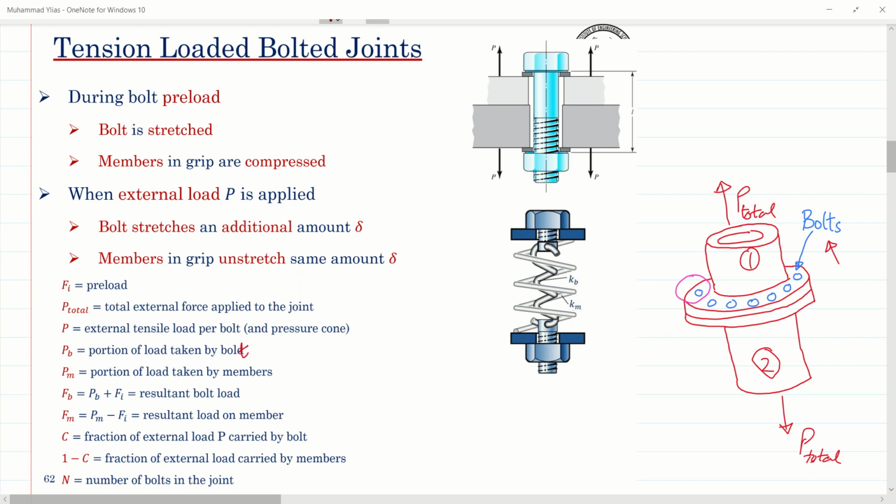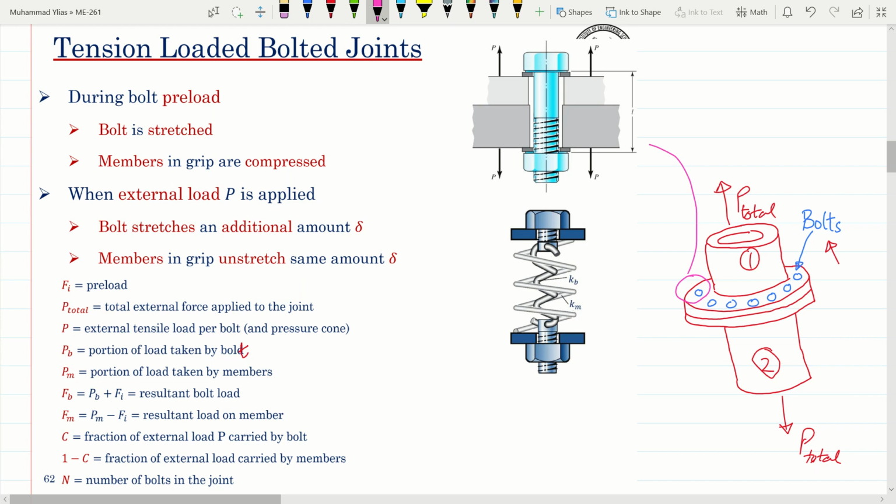Then we isolate one such bolt and the members or plates, and we say that the total load is represented by P subscript total, and the load carried by one bolt and the pressure cone is P, which is equal to P total over the number of bolts.